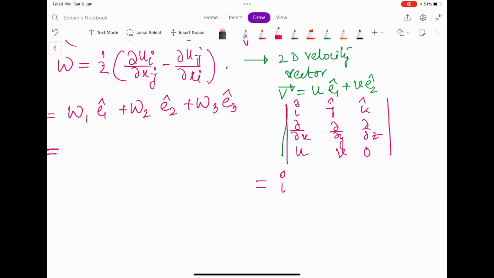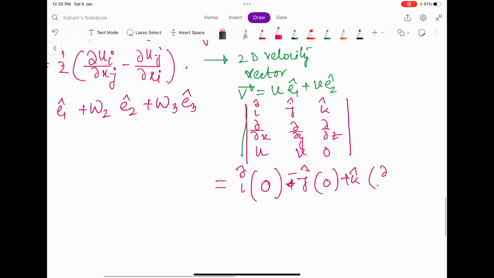I cap into 0, 0 and del v by del z. Since v is the y component, this is also 0. Plus j cap, actually minus j cap into 0 and 0, so this is also 0, and k cap into (del v by del x minus del u by del y).